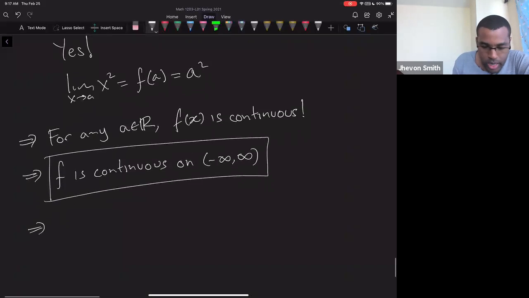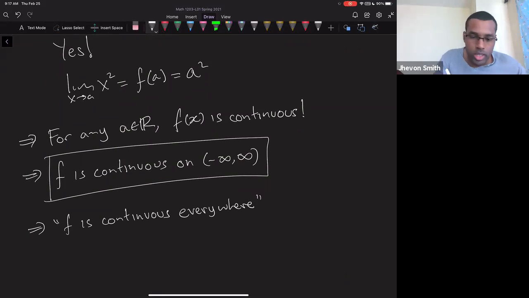You could also say f is continuous everywhere. So these are all equivalent statements. It's continuous for all real numbers. It's continuous on this interval. It's continuous on that. These are equivalent statements.